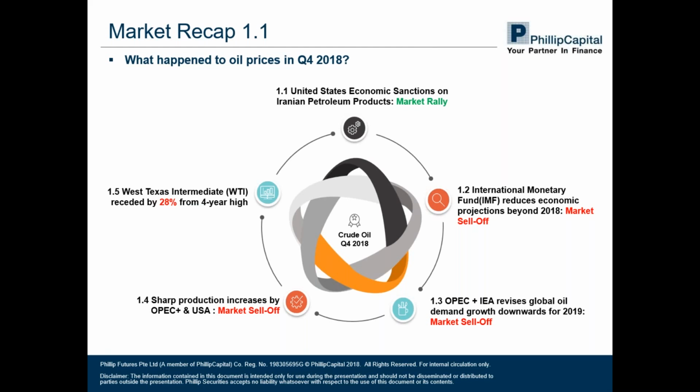And the market was largely oversupplied. Subsequently, the IMF started to reduce economic projections beyond 2018. Tighter monetary policies from rising rates had effects on the world. The IEA also lowered its forecast for global oil demand, thereby fueling talks of a weaker fuel demand in the crude oil marketplace.